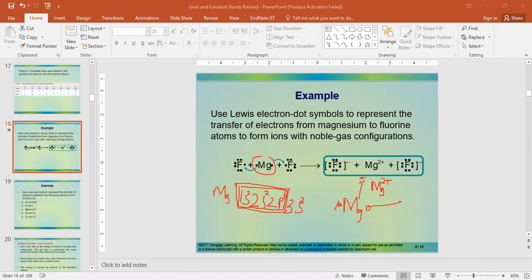That's why we are not writing any electrons here, because the dots represent the valence electrons. In this configuration, the magnesium does not have any valence electrons. They have already been transferred, and that is why we are only writing this. Is it clarified?